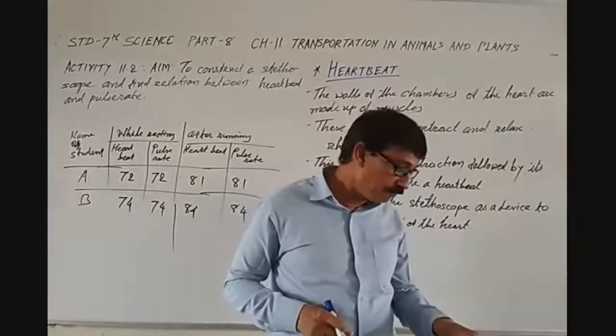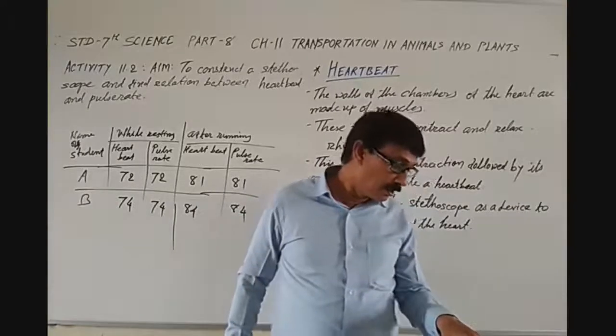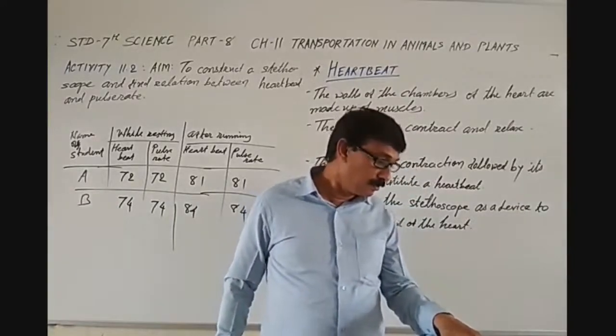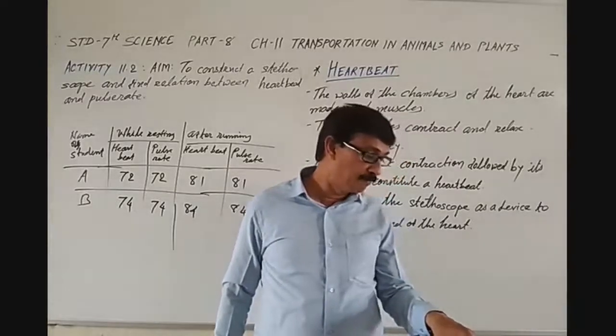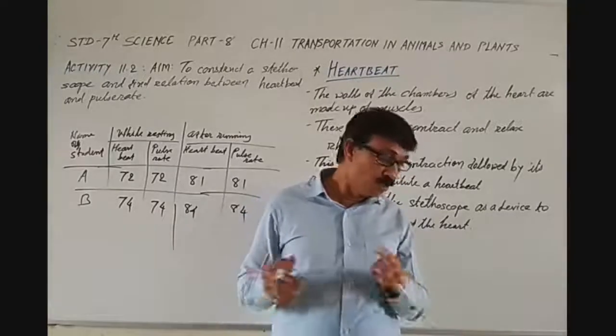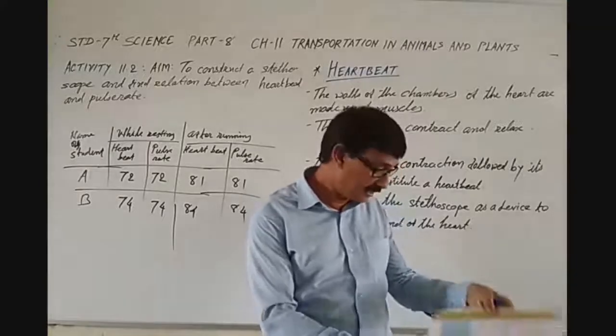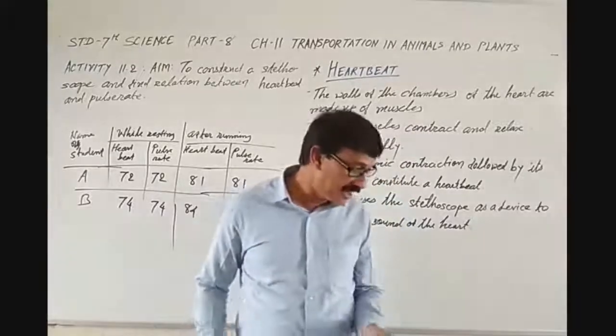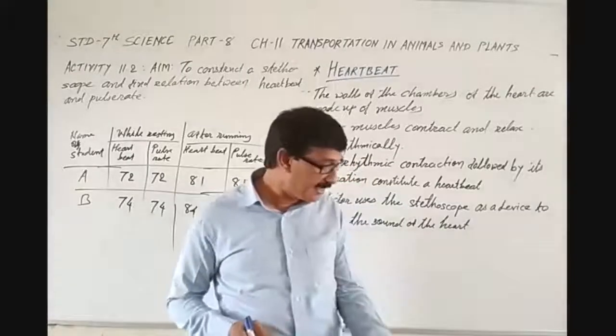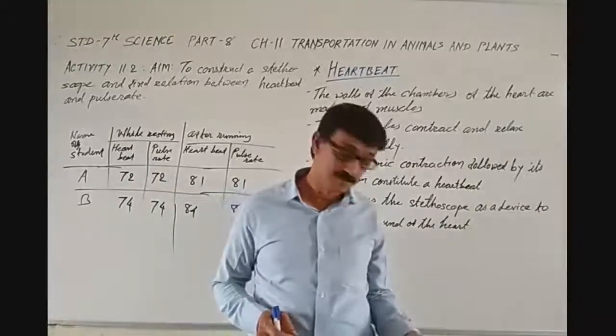And that is why the pulse rate per minute indicates the rate of heartbeat, and both are the same. Each heartbeat generates a pulse in the arteries, and the pulse rate per minute indicates the rate of heartbeats.